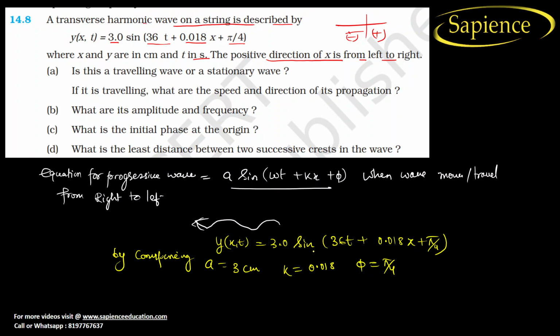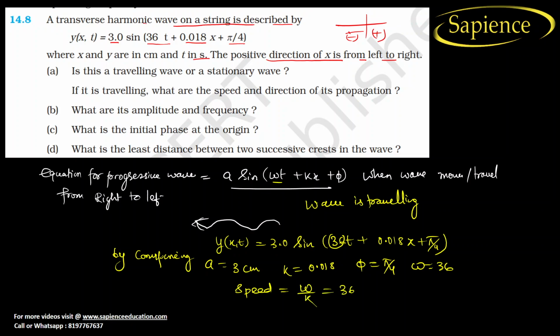Now from the above, we can say that the given wave is traveling. Now they are asking the speed of the wave. One more thing they have given is omega, omega is equal to 36. We know that speed of the wave is equal to omega by k.